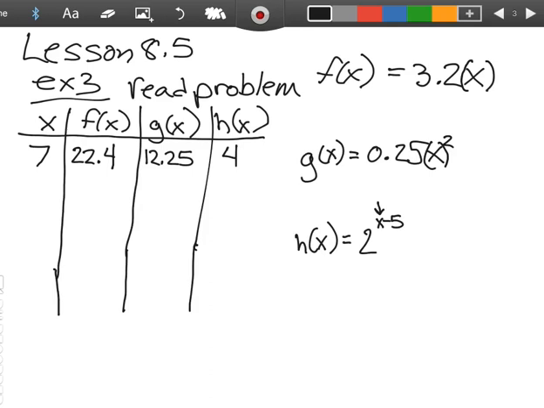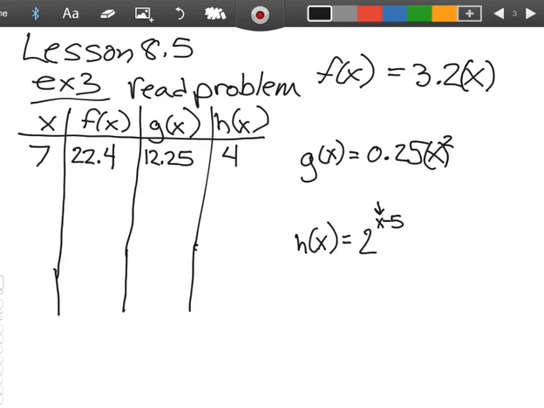All right, so you should have gotten 22.4, 12.25, and 4. So notice h of x is still significantly smaller than the other 2. F of x, which will be going up at the least rate, is still the highest population because the others haven't caught up yet, but the others will pass.